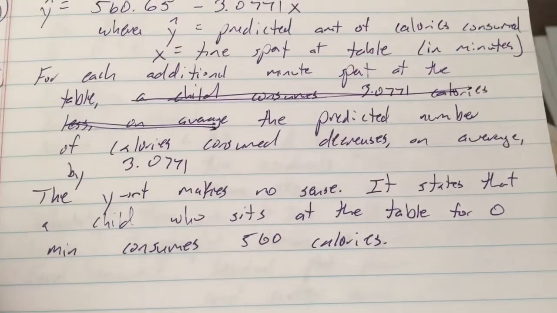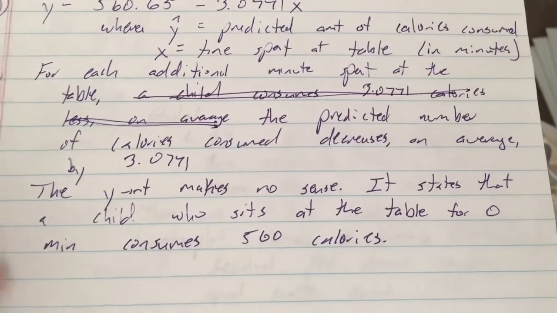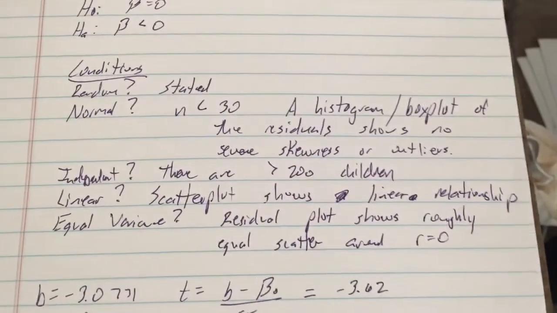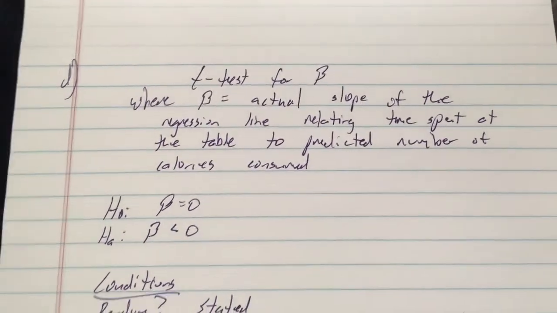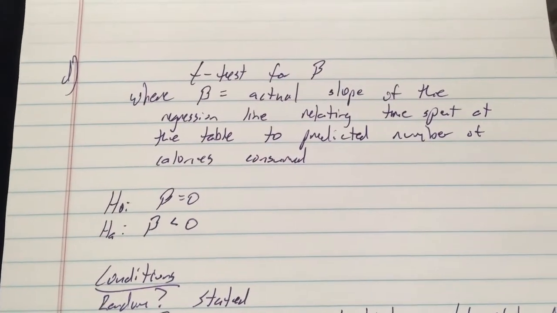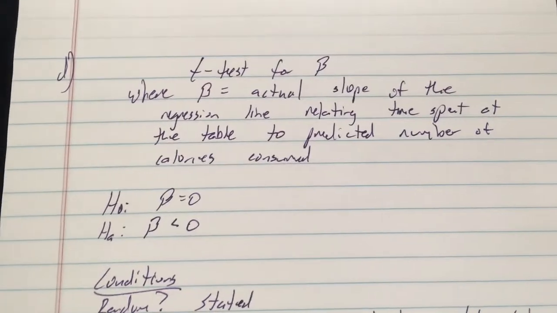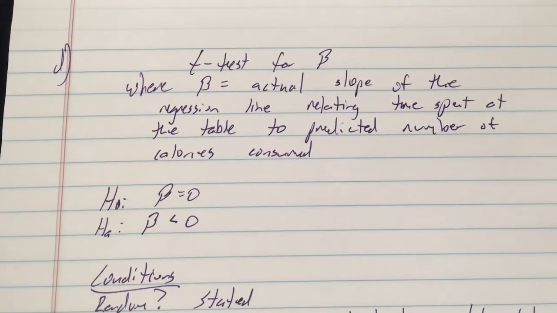Then part D is where we carry out a significance test. Now, even though these tests are very different than what we're used to, they're actually very easy because most of the time, the problems will say, assume the conditions have been met.